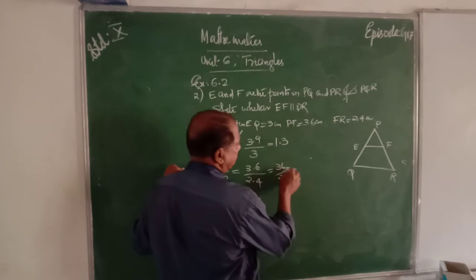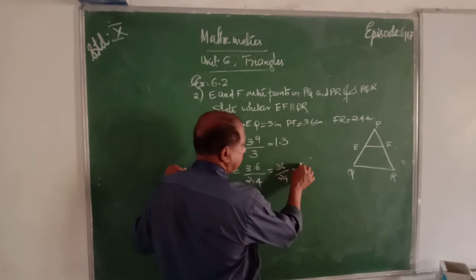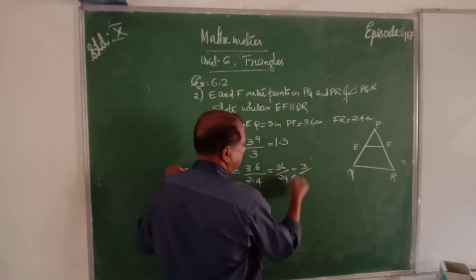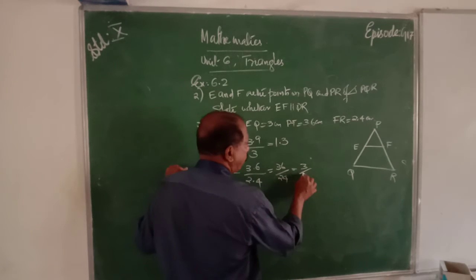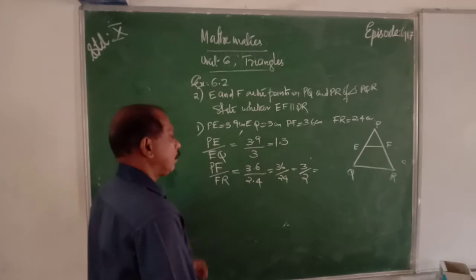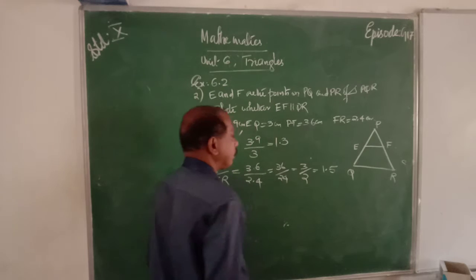That is 12 into 3 and 12 into 2, 24. That is equal to 3 by 2, which is 1.5.